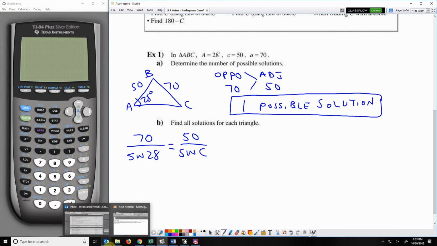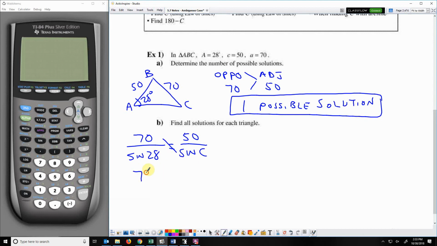So to solve this proportion, I'm going to do cross products. So I've got 70 times sine C equals 50 times sine 28. So I can get sine C by itself by dividing by 70.